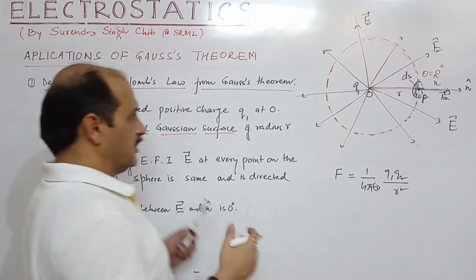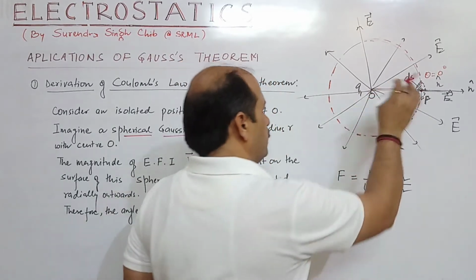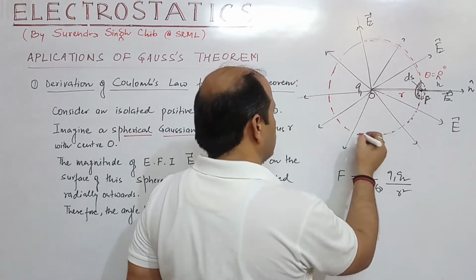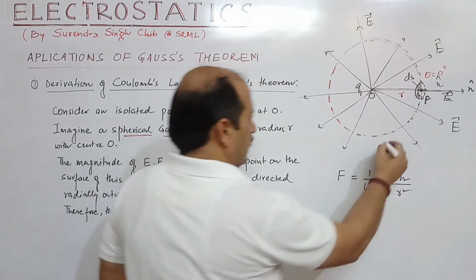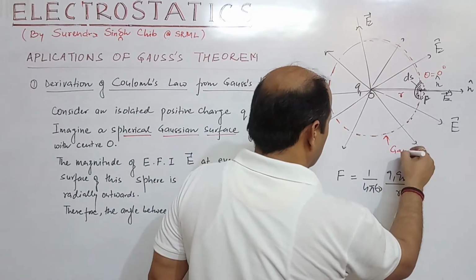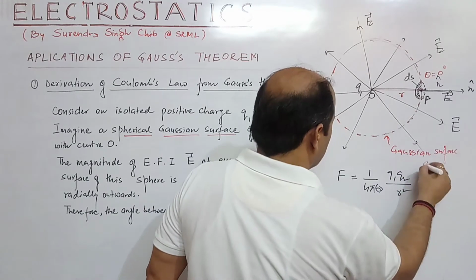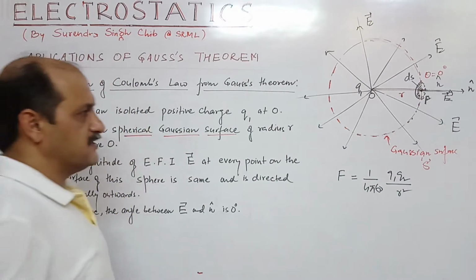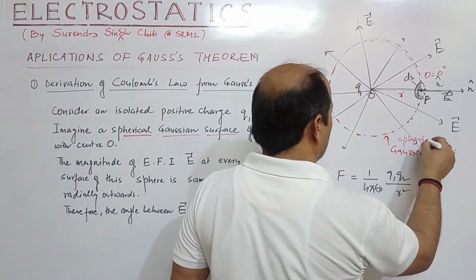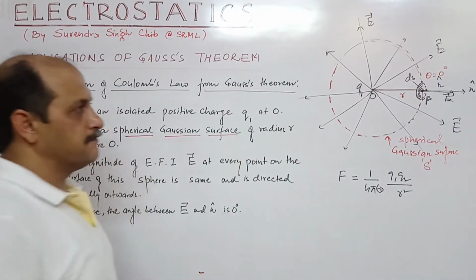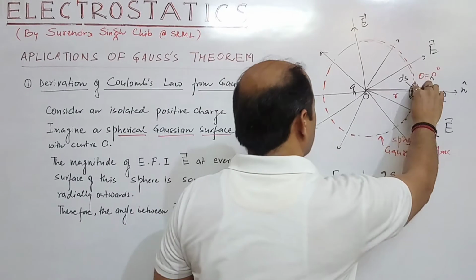So once again, we'll consider a point P which is at a distance r, and this point P lies on the Gaussian surface. Gaussian surface is usually represented by a dotted line, and this is Gaussian surface S. It's a spherical Gaussian surface. उस पे हमने point P ले लिया, और उसके आसपास का surface कितना छोटा सा, surface element is ds.